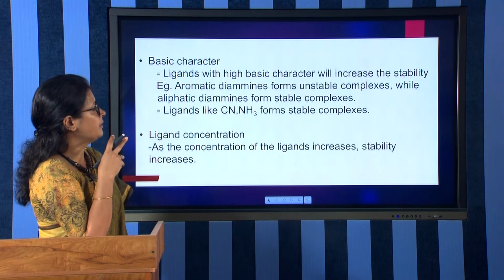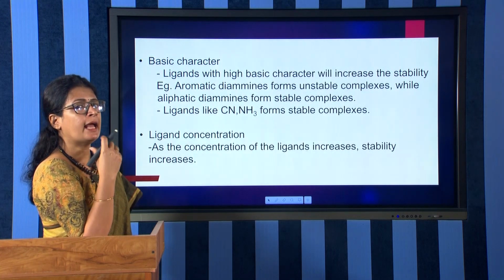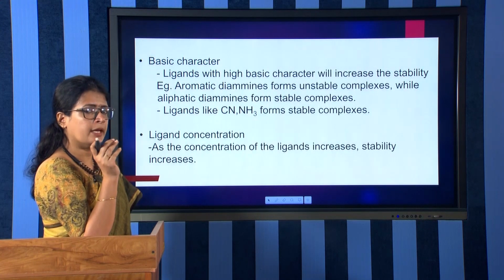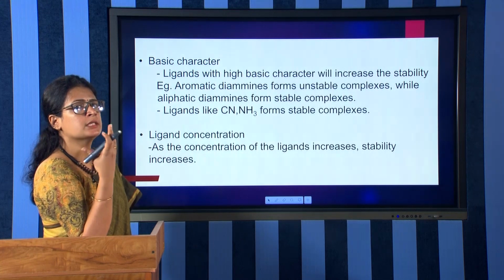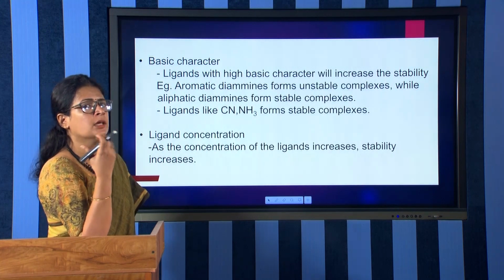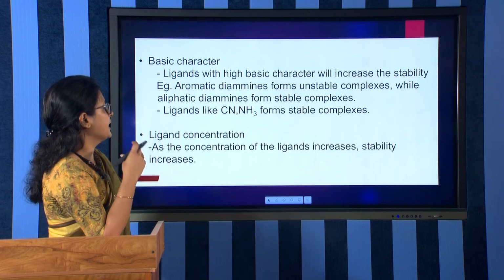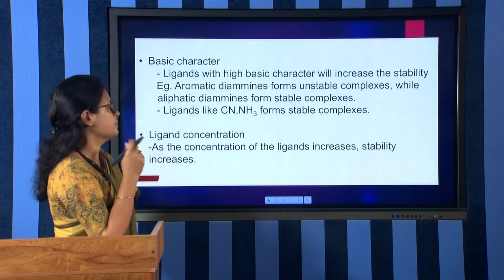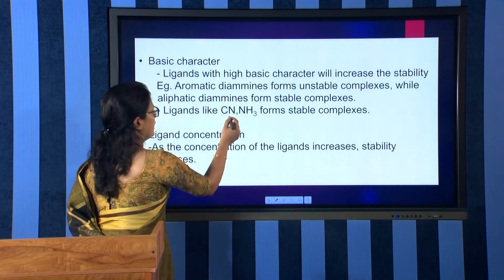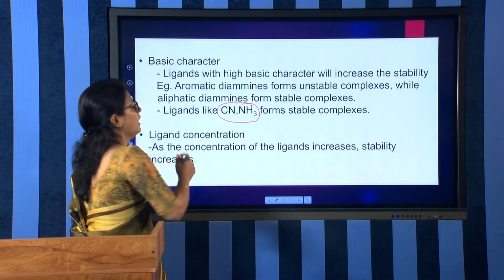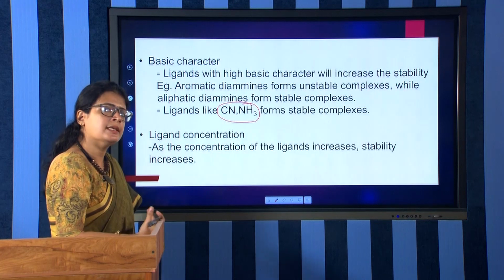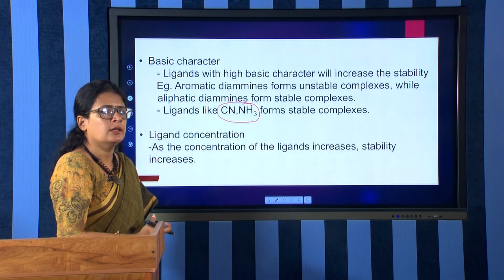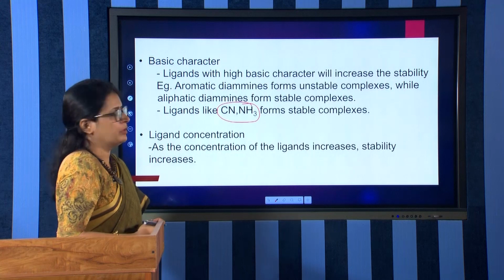Aromatic diamines are less basic than aliphatic diamines. That is why aliphatic diamines are more stable while forming the complex. The ligands like CN, NH3 etc. form stable complexes because these have very high basic character. So, as the basicity of the ligand increases, the complex will be very stable.